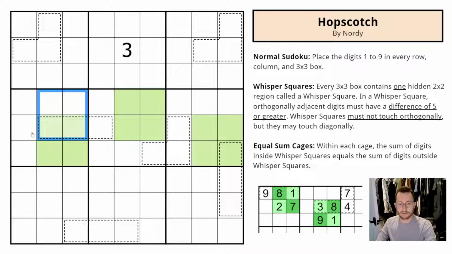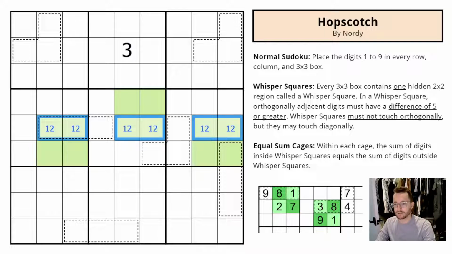Similarly here, here, and here, so that in this row, we're going to have 6 whisper square cells just guaranteed to be in that row somewhere. Well, we don't know where they are, but they're in there somewhere. And so this has to be a 1, 2, 3, 7, 8, 9 sextuple in this central cut.